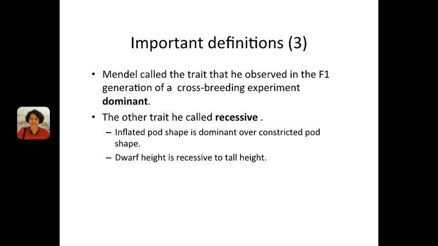If you had a strain of true breeding dwarf plants and crossbred them to a strain of true breeding tall plants, all of the F1 would be tall. So tall height is dominant over dwarf height, and dwarf height is recessive to tall height.